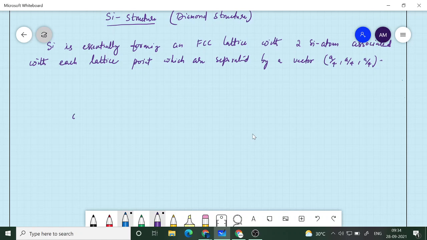So FCC, if you look at the FCC structure, it is one of the variations of the simple cubic structure. So there are silicon atoms sitting at the corners of a cube.